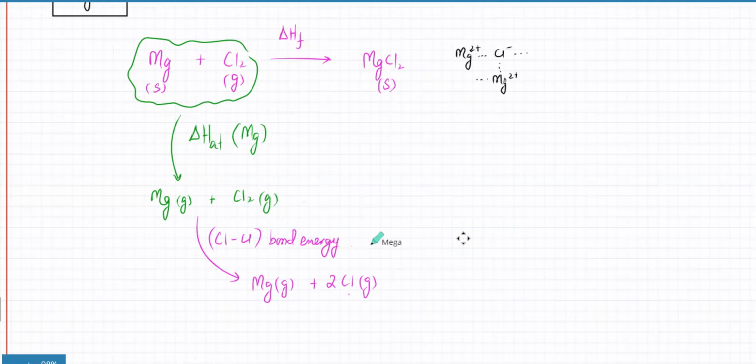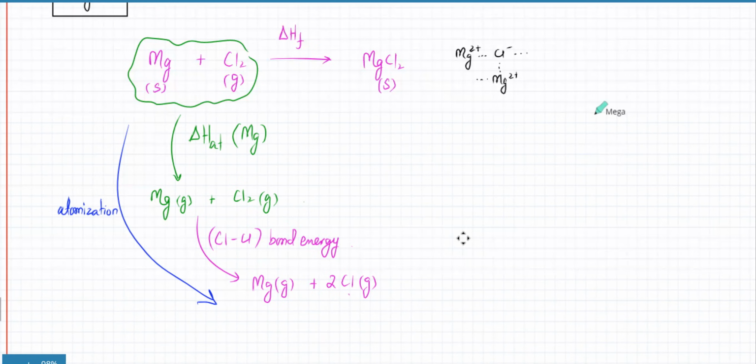So this route so far, what is this? This is atomization.